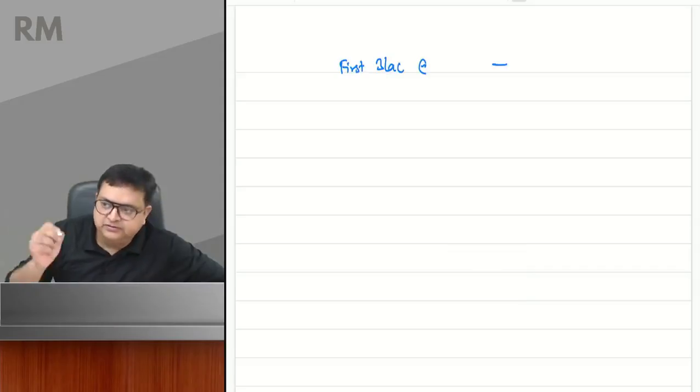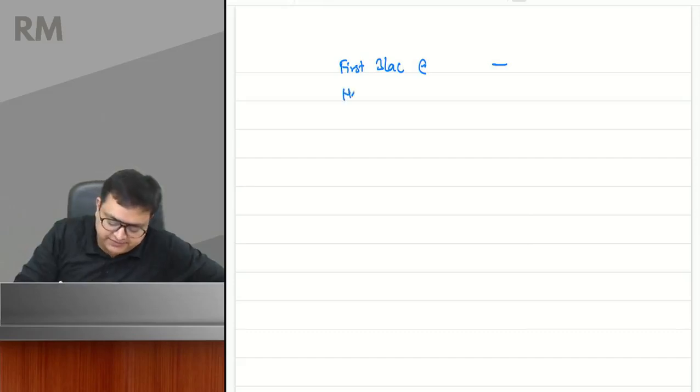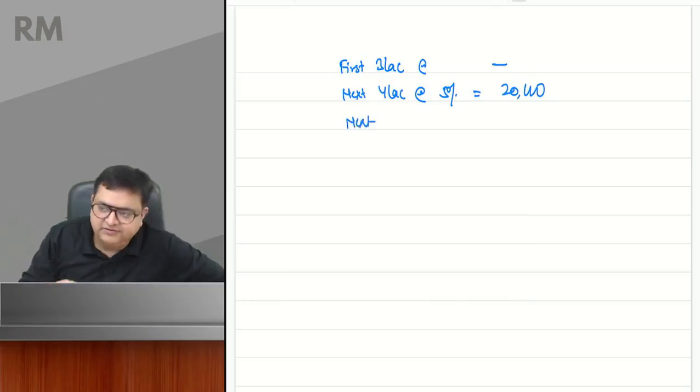See, 0 to 3 lakh. First 3 lakh, it is nil. 3 to then 7. Next 4 lakh at a rate of 5%, 20,000. Then next 7 to 10. Default regime, it is 8 lakh.